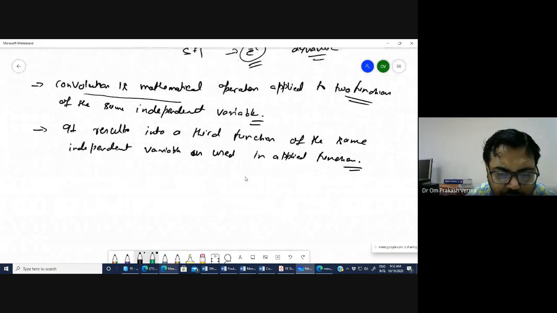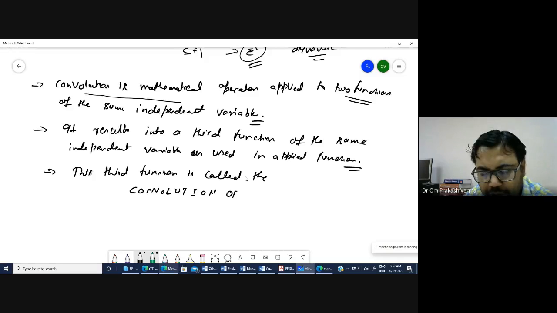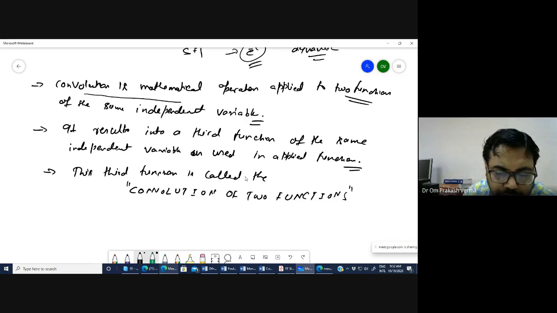So this third function, जो third आपको मिला, whatever you got, is called the convolution of two functions. Right? Convolution of the two functions.